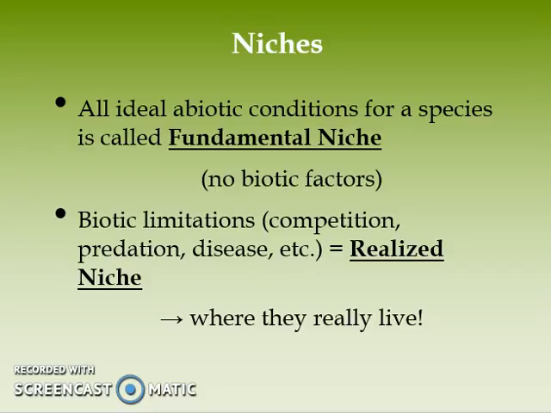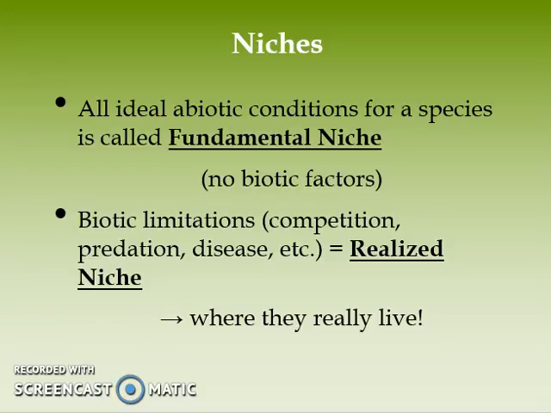A niche is basically an organism's role in the environment, their job. It's more than just where they live. It's how they function, who eats them, who they eat. It's a very complex thing. So if we take all those abiotic conditions into account, we can figure out where the fundamental niche of an organism is. That fundamental niche is where we theoretically could find this animal.